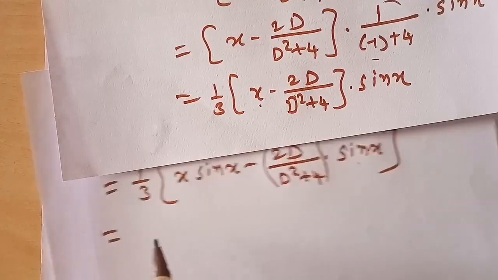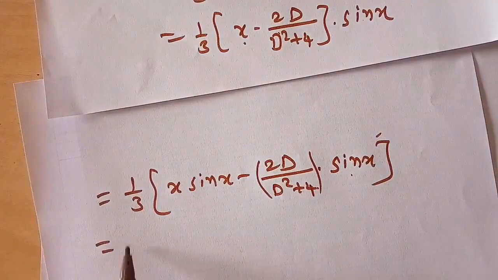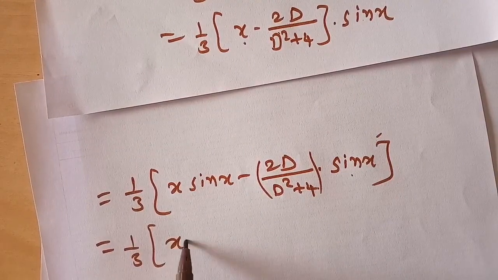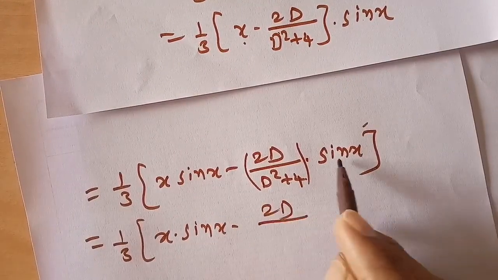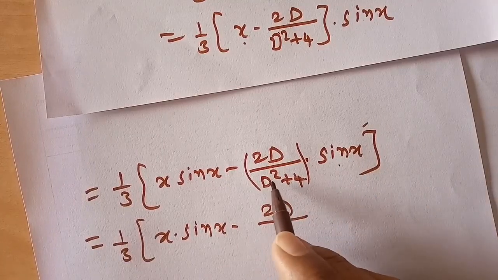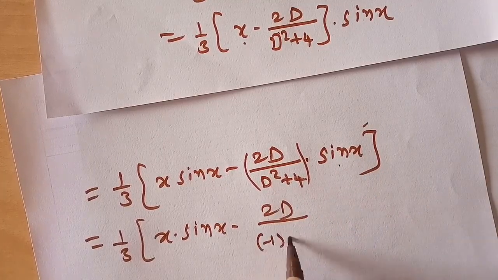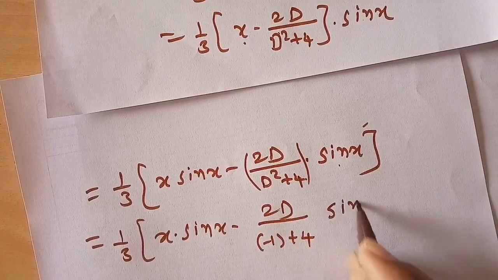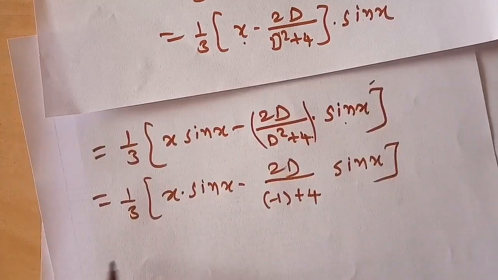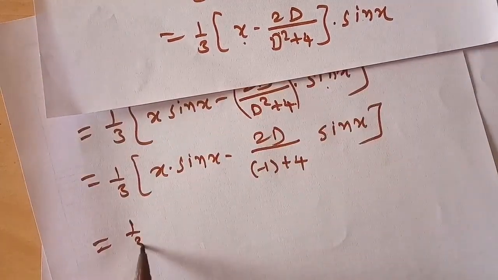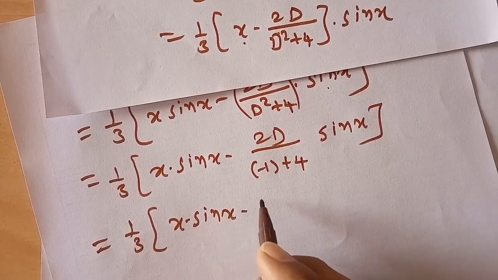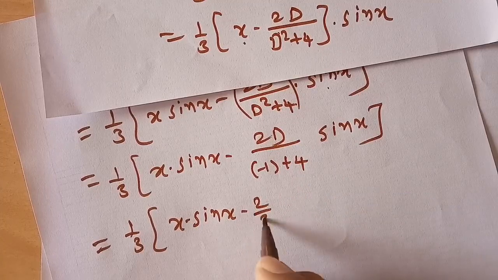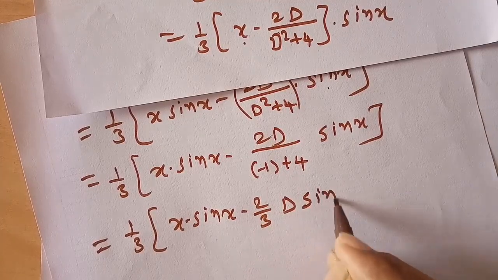This is equal to 1 divided by 3 into x sin x minus 2D. Again we know that when the sine function is there, we change D² to minus 1, so this is minus 1 plus 4 into sin x. This is equal to 1 by 3 into x sin x minus 2 divided by 3 into D of sin x.